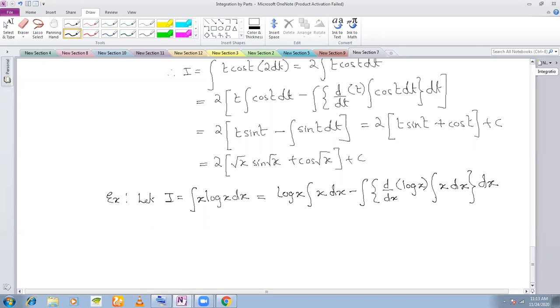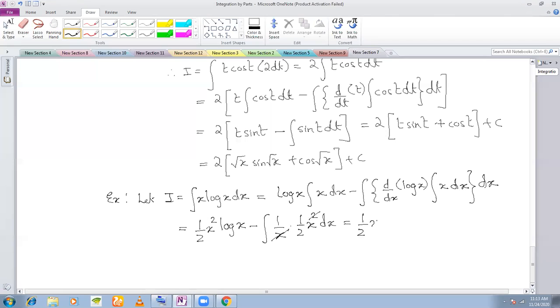Whole thing dx. Okay. So now integral x dx is half x square, into log x, minus integral of derivative of log x, which is 1 by x, into integral x, which is half x square, dx. Now this x and this x here will cancel.